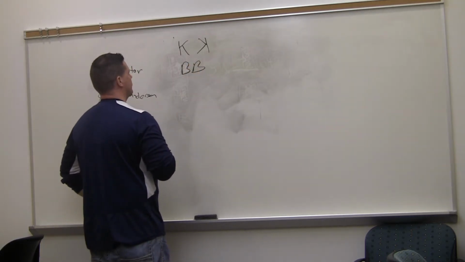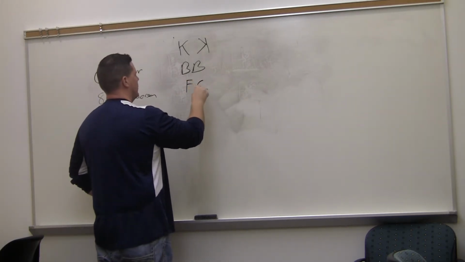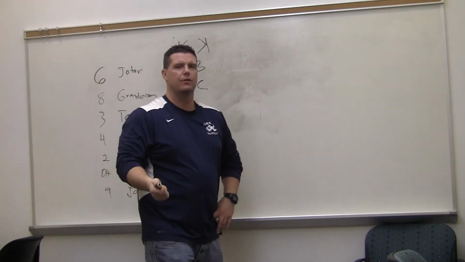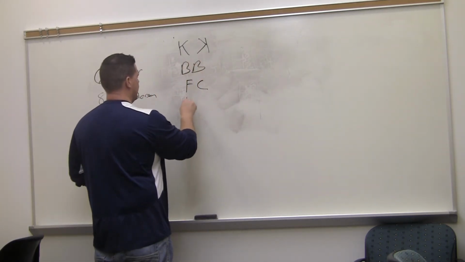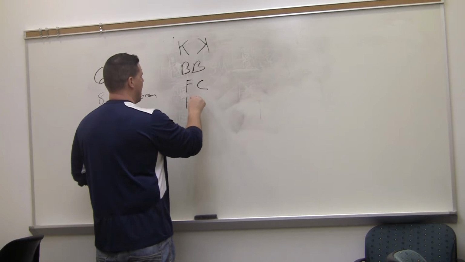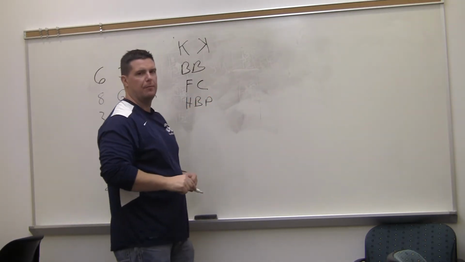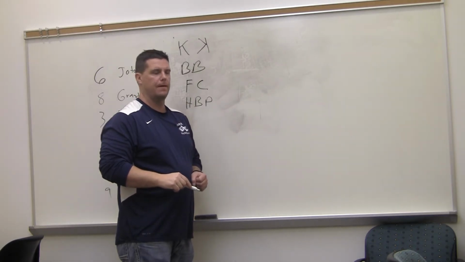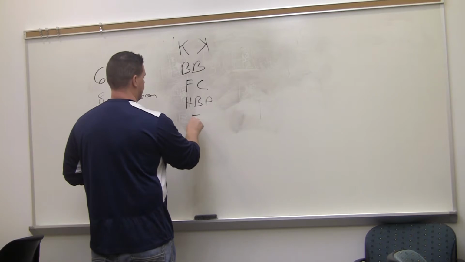Fielder's choice, FC. All right, let's say one of these guys got hit by a pitch and got to first base. So H, B, P: hit by pitch. Okay? Error. The error symbol is E for error.